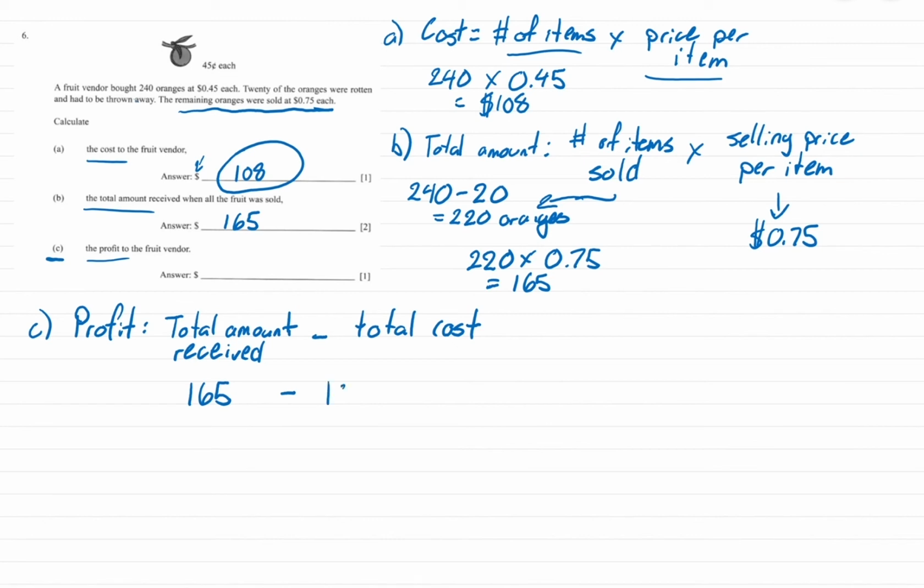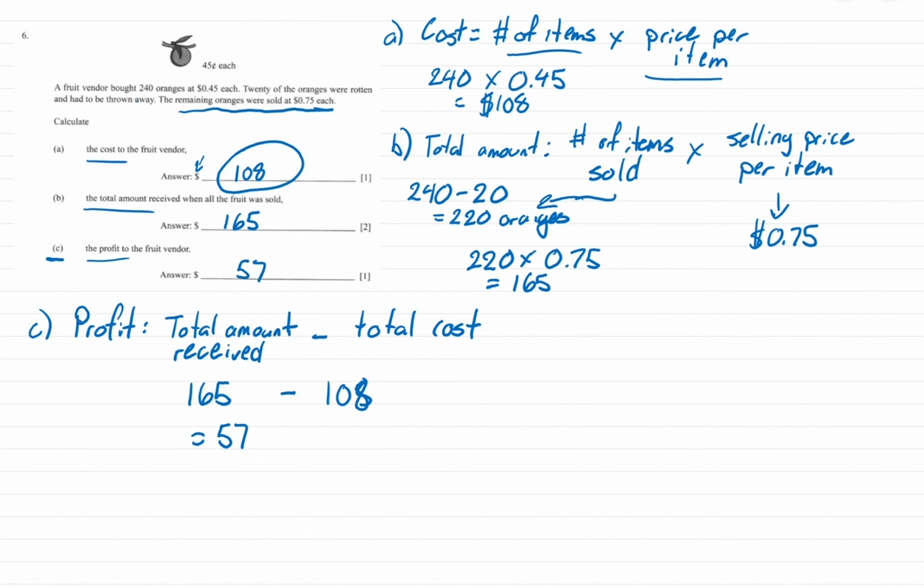So the profit is just going to be 165, which is the amount of money that we received, minus 108, which is the total cost for all the oranges. So we do that calculation. If you punch this into your calculator, you'll get 57. So we made $57 selling 240 oranges.